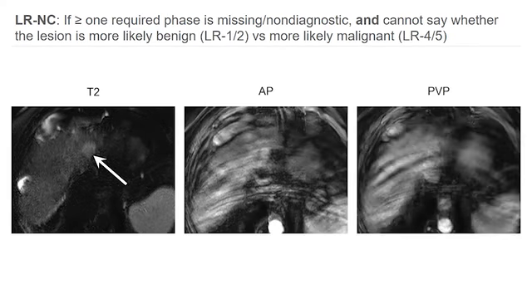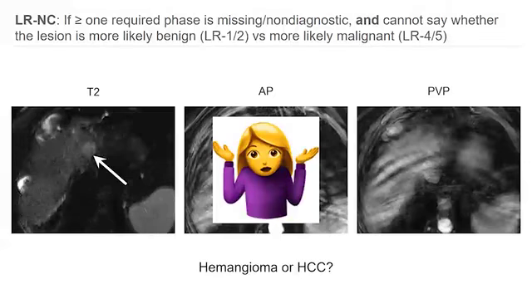And when we gave contrast, the patient was completely unable to hold their breath. So we know that there's a lesion, but if I ask you, do you think this is more likely to be hemangioma or more likely to be HCC? The answer is, I really don't know. I really can't tell. And this is an appropriate time when you would apply the LR-NC category.